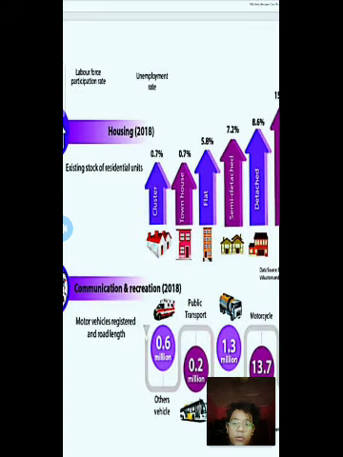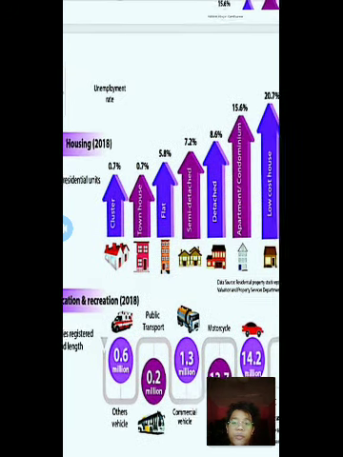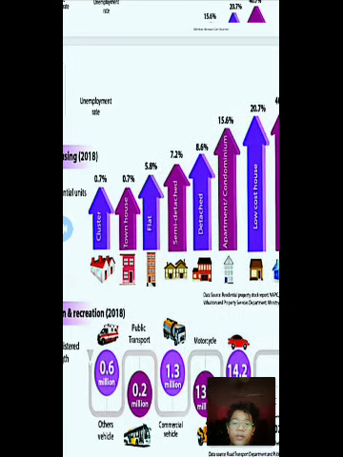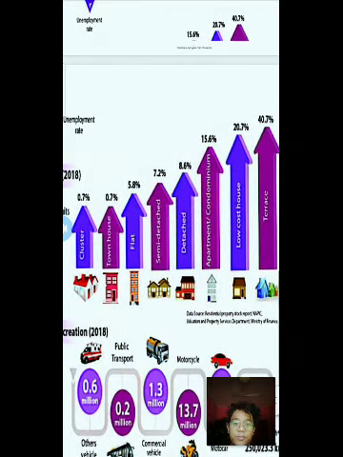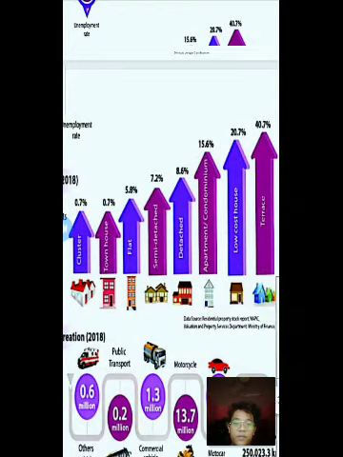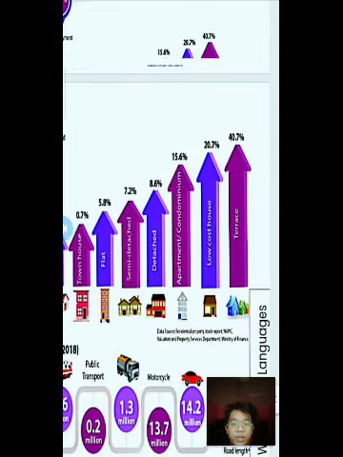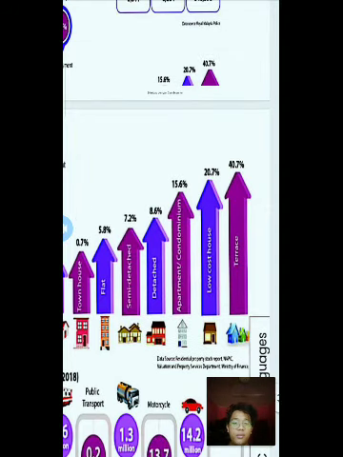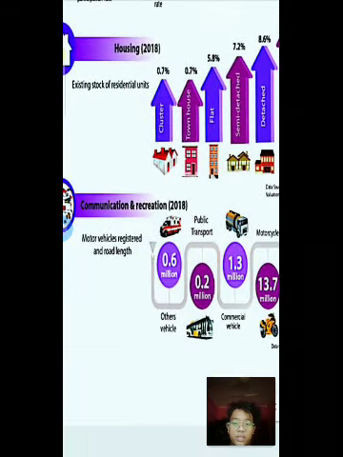The cluster is only 0.7%, the townhouse 0.7%, flat 5.8%, semi-detached 7.2%, detached 8.6%, apartment and condominium 15.6%, low cost house 20.7%, terrace 14.7%.